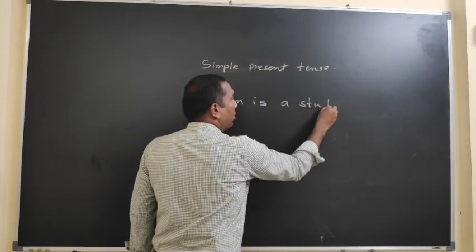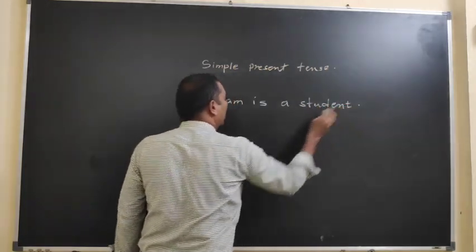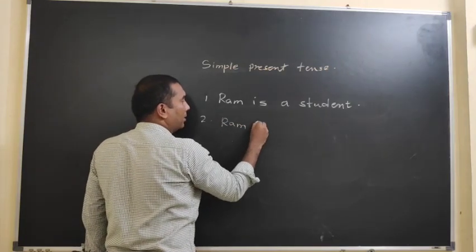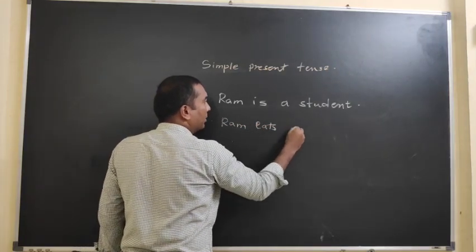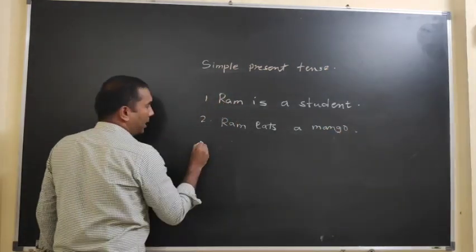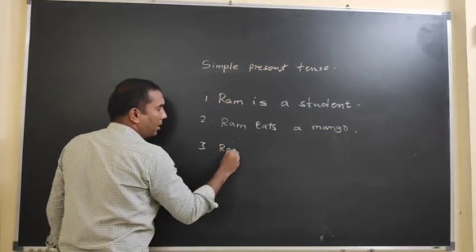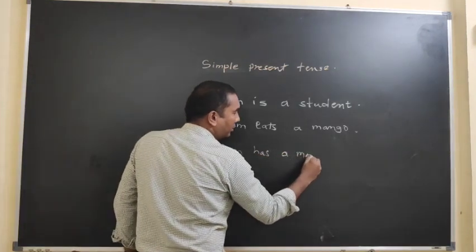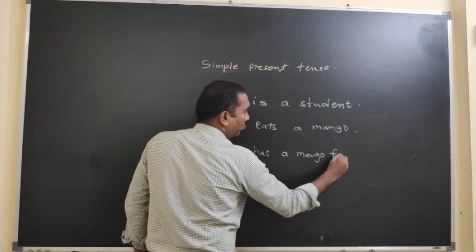It is an example of condition. Then second example: Ram eats a mango. Nice. And third example: Ram has a mango farm.